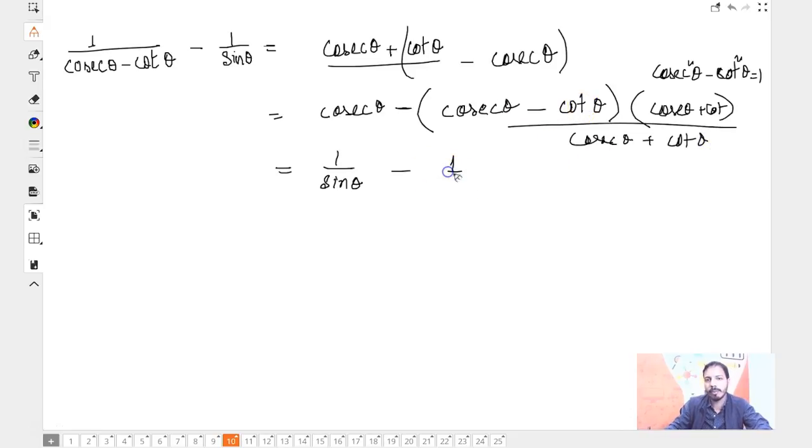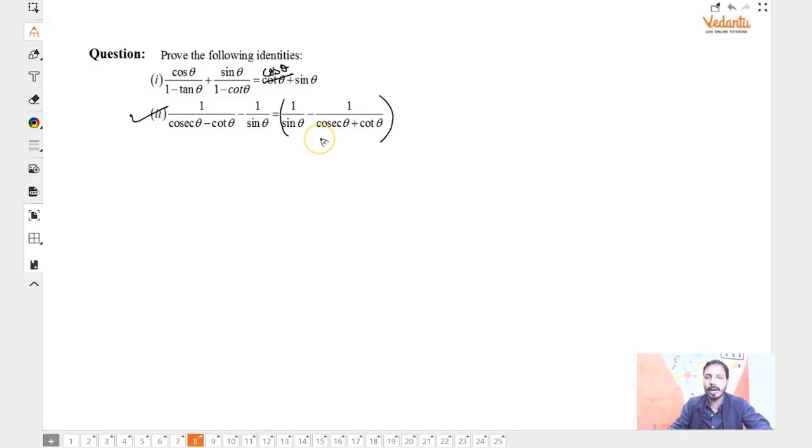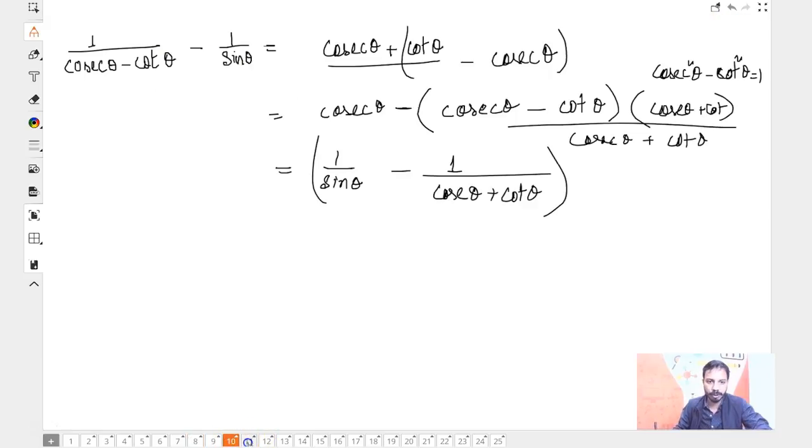So here I will get 1, here I will get cosec theta plus cot theta. So proved. So in this way we can prove these types of questions. So always you need to keep half an eye on the right hand side. So always check what is the right hand side and then you proceed or decide what is going to be your next step. So let's go to different types of questions now.